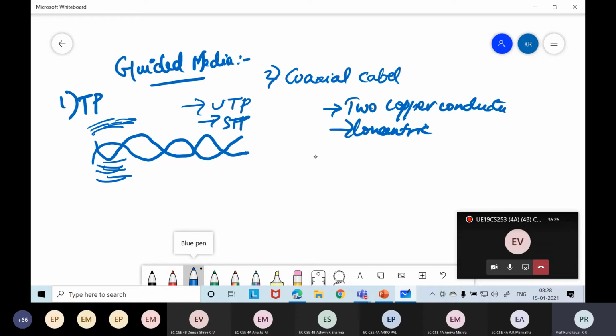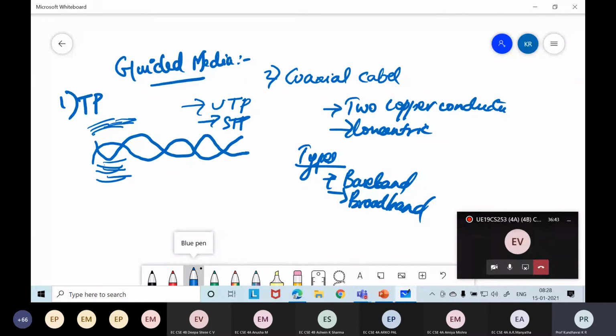And we would see the types also: baseband coaxial cable and broadband coaxial cable.